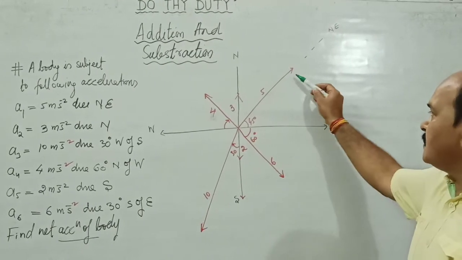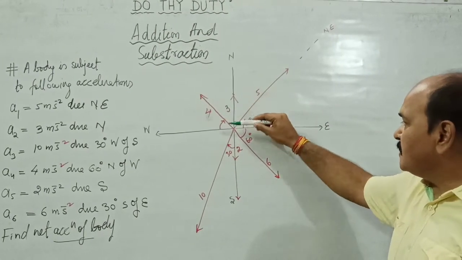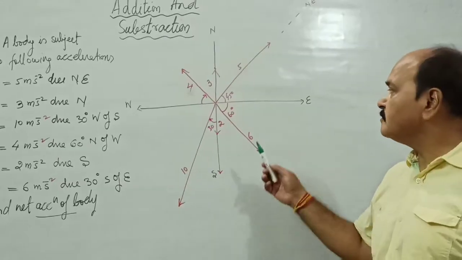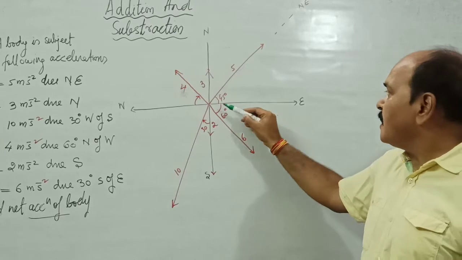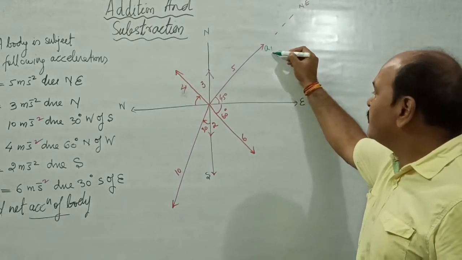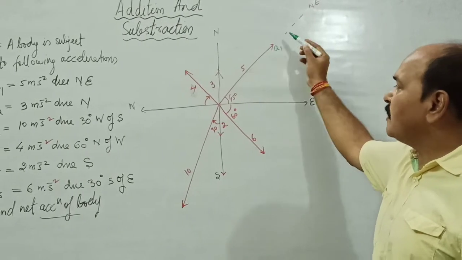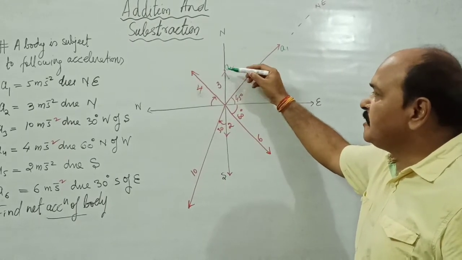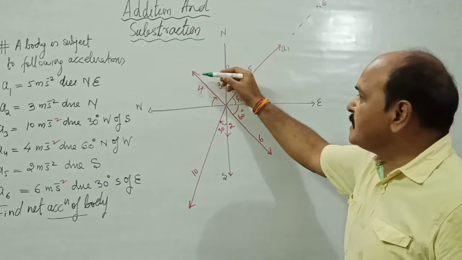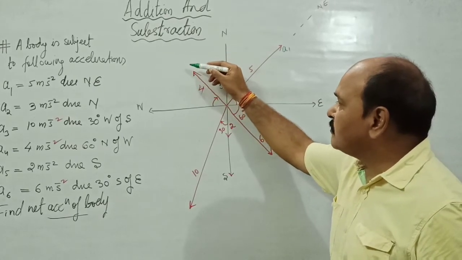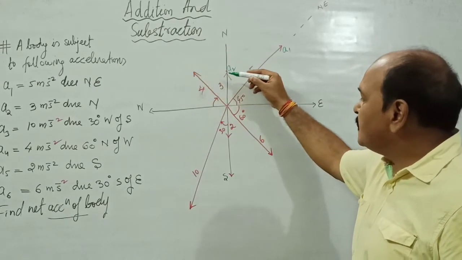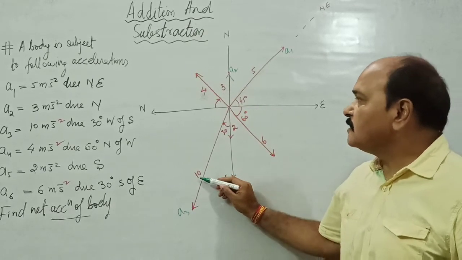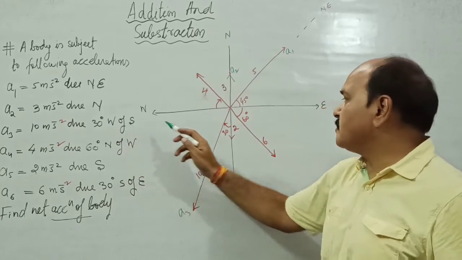This is vector A1, this is A2, this is A3, this is A4, this is A5, and this is A6. So A1 is 5 meter per second square due northeast. A2 is 3 meter per second square due north. A3 is 10 meter per second square, 30 degree west of south.